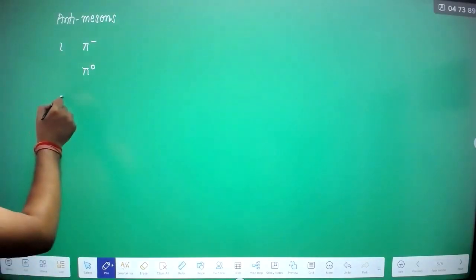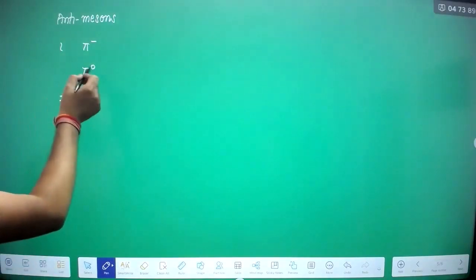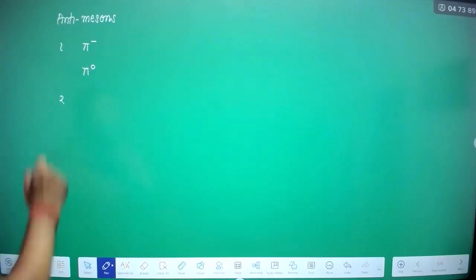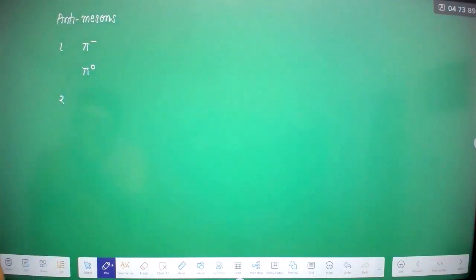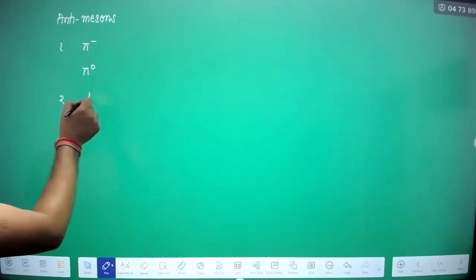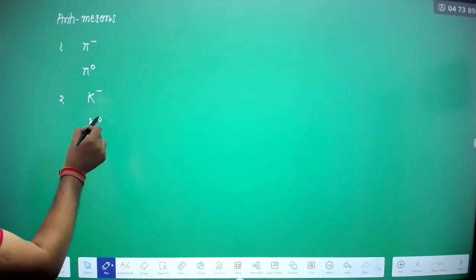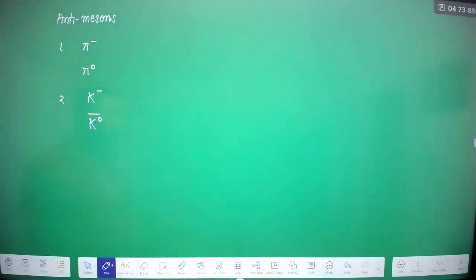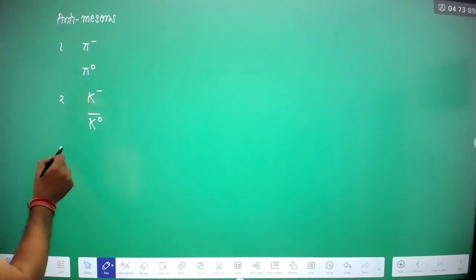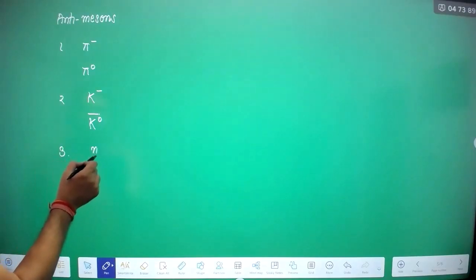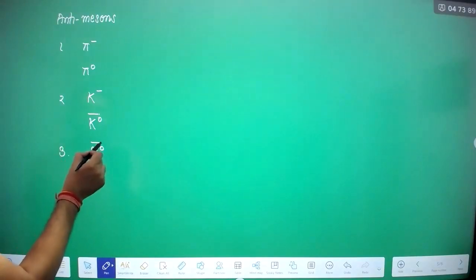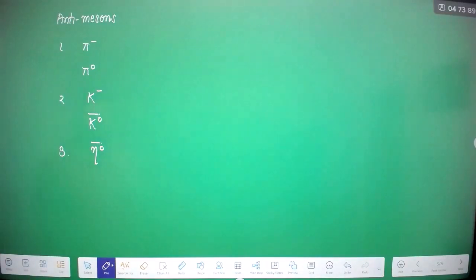Second, this you can observe on the basis of quark structure. K plus was the particle, so the antiparticle will be K minus. This is K naught, so its antiparticle is different. This is K naught bar. And third is eta naught, its antiparticle is different. That will be eta naught bar. So they are anti-mesons.